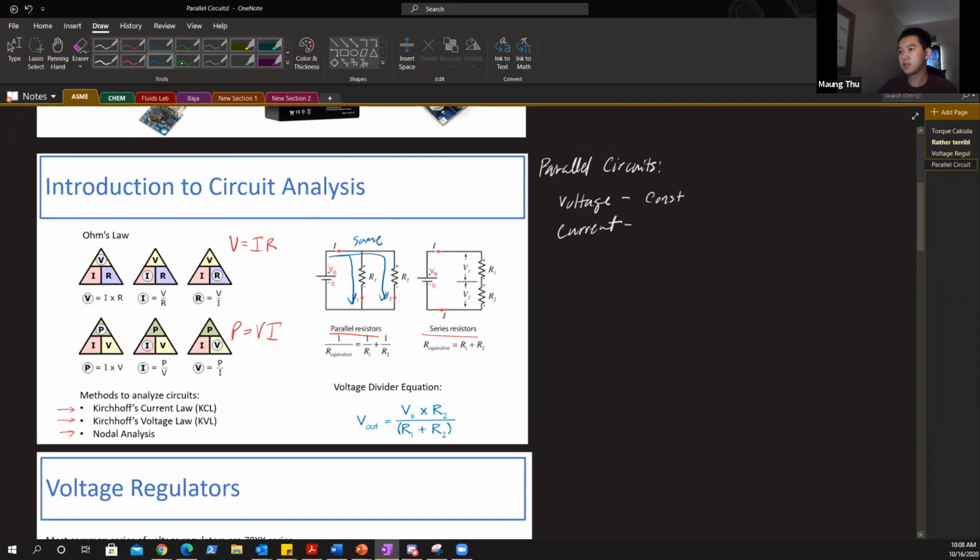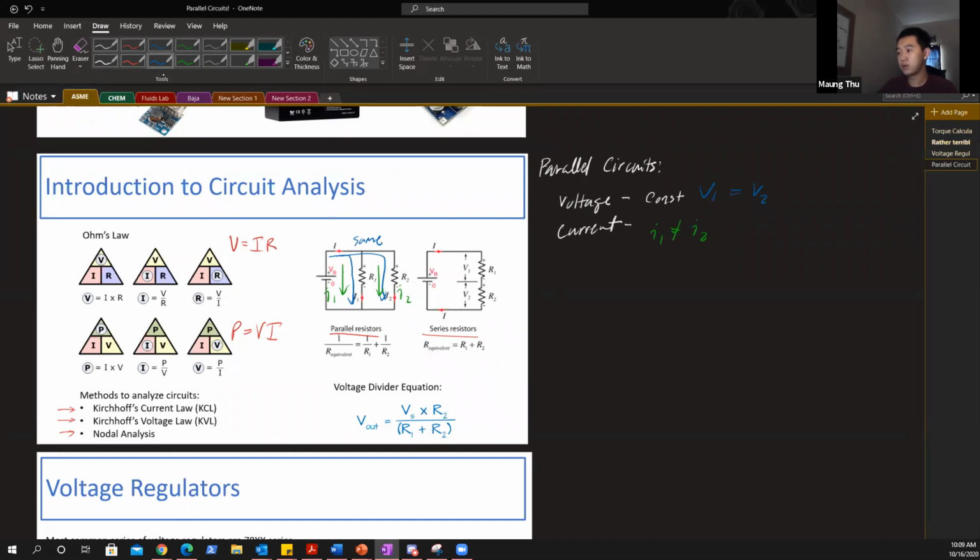However, the current going through each resistor is different. Current 1 and current 2 are not equal to each other, however your voltage at 1 and your voltage at 2 are equal to each other.